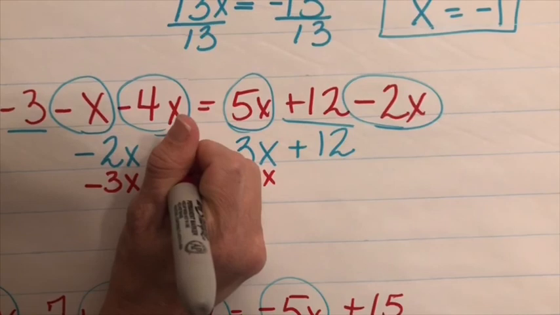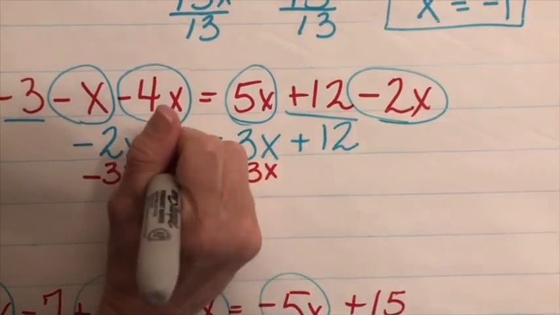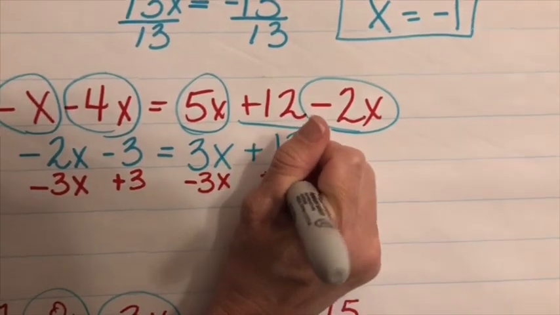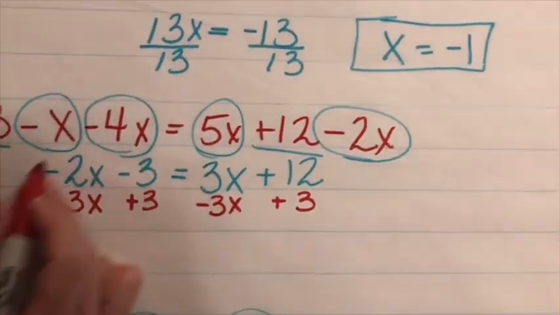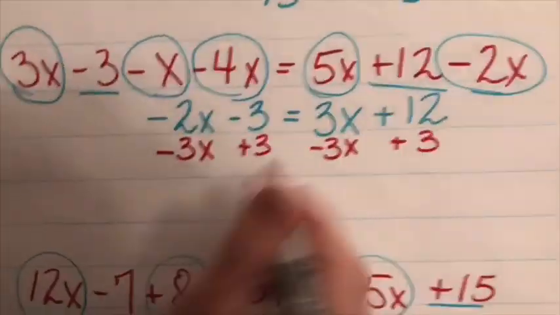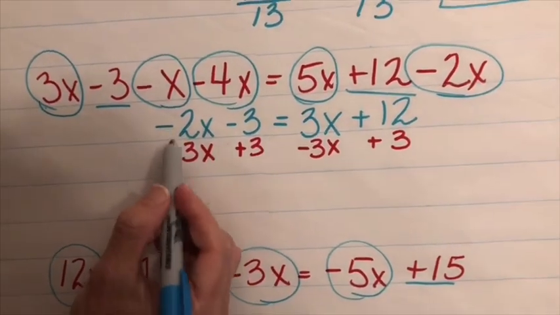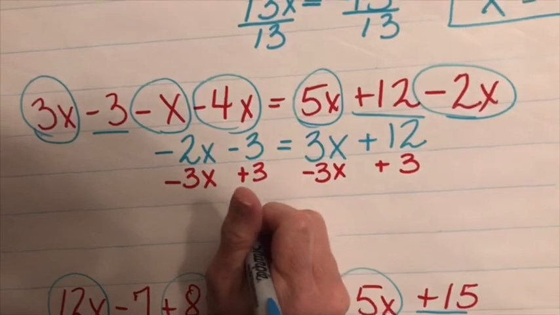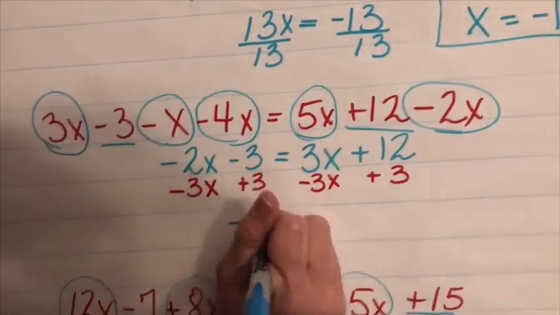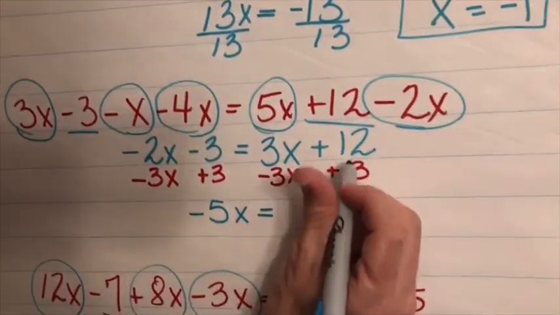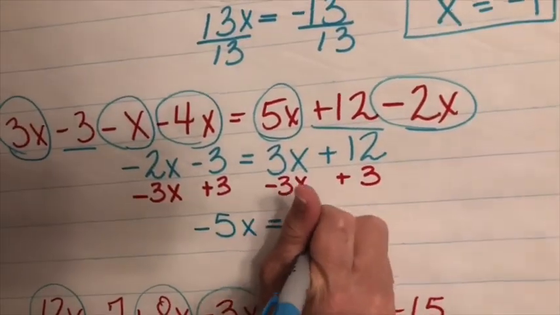I'm going to add my constant to both sides too. Plus 3, plus 3. So now all my x's are going to be on the left and all my constants on the right. So negative 2x plus negative 3x is negative 5x. And that equals 12 plus 3, which is 15.